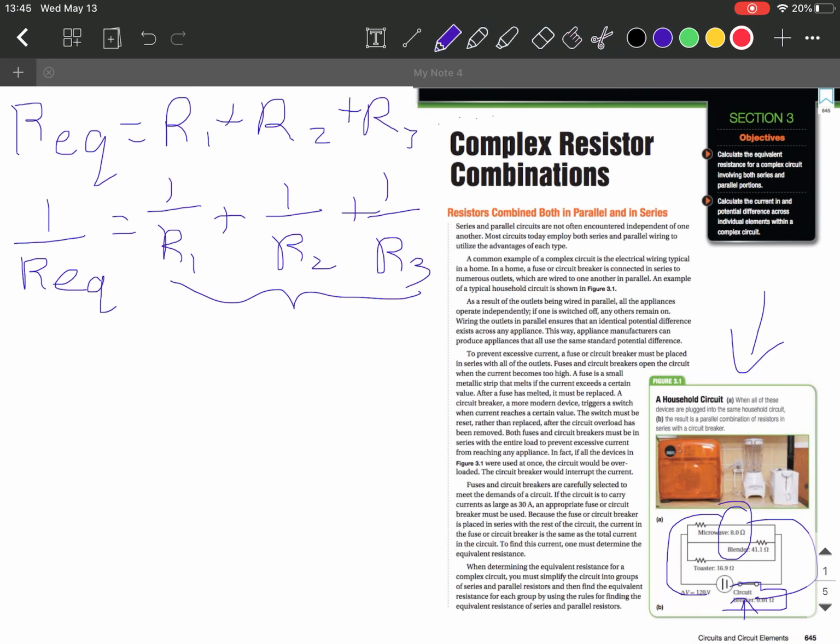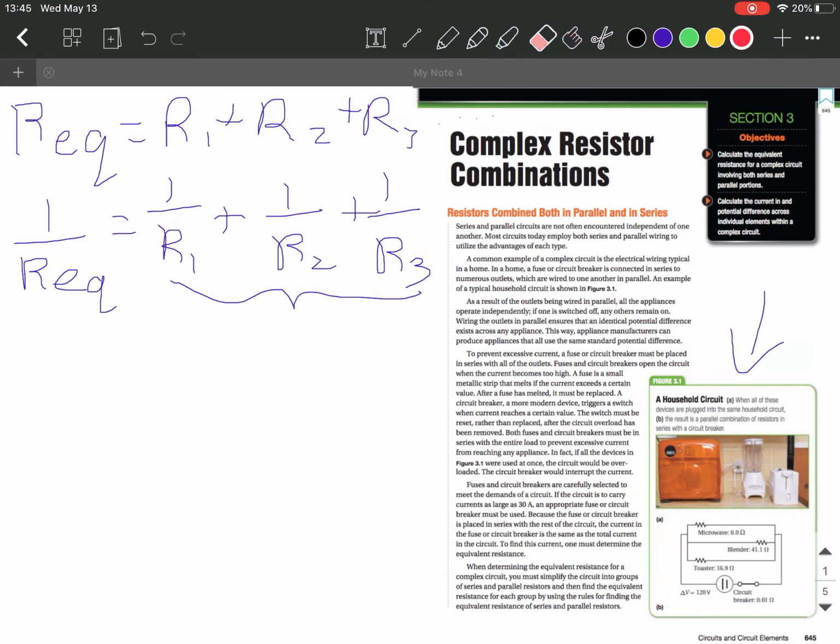So if the breaker is a switch, the circuit breaker is a switch that creates a resistance of 0.01 ohms. If this opens, then since this group up here together is in series with the breaker, it's also going to go off.